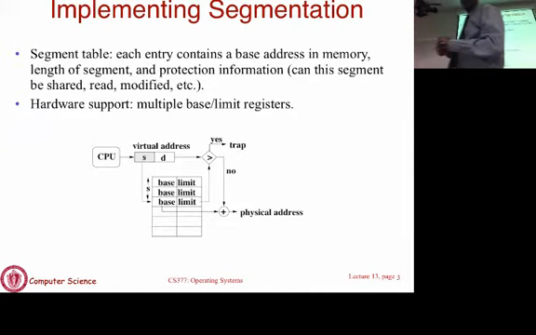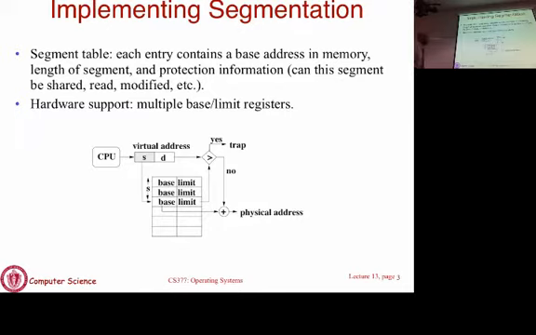Okay. So you need hardware support for this scheme, which is multiple base and limit registers. Okay, so this requires you to have segment registers that are going to store the start address of each segment. Okay, and clearly we said registers are fast. So we can access the register base address and generate the physical address with good efficiency.